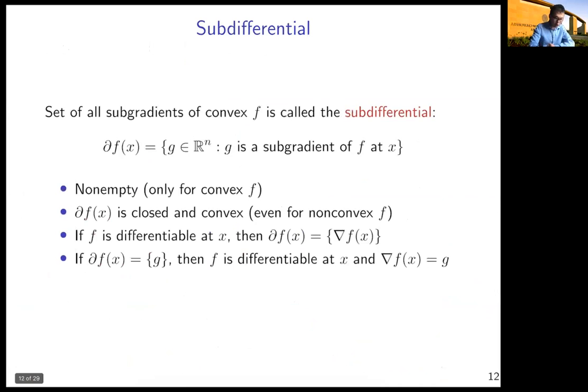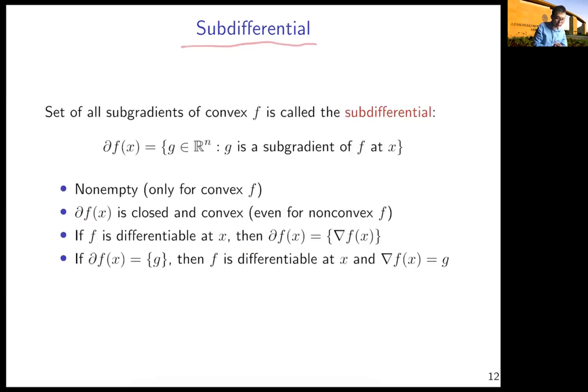Okay, so we've talked about subgradients, and we've talked about in many cases, especially when the function is not smooth at isolated points, on those points the subgradients are not unique. So the subdifferential is a related concept that characterizes the family of subgradients at each location.